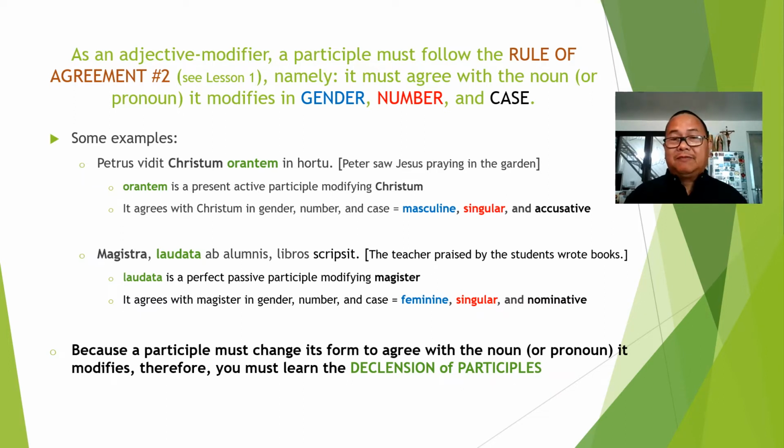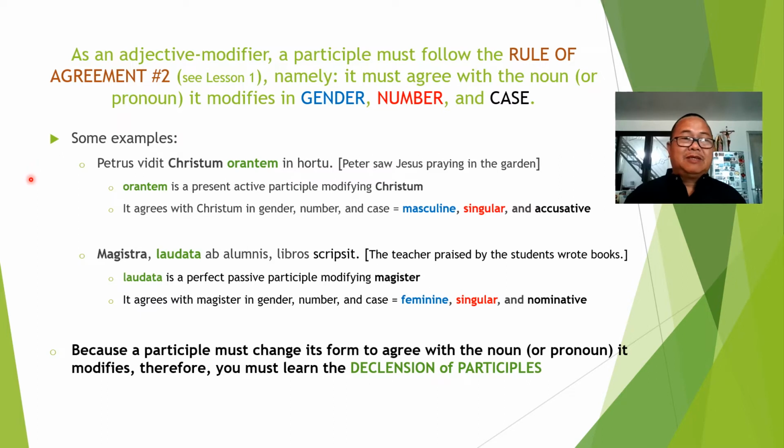So, what is agreement? The adjective agrees with the noun or pronoun it modifies in gender, number, and case. So, yan ang rule of agreement, applicable to all adjectives, ordinary adjectives, and the participle as adjective modifier when it is used to modify a noun or a pronoun.